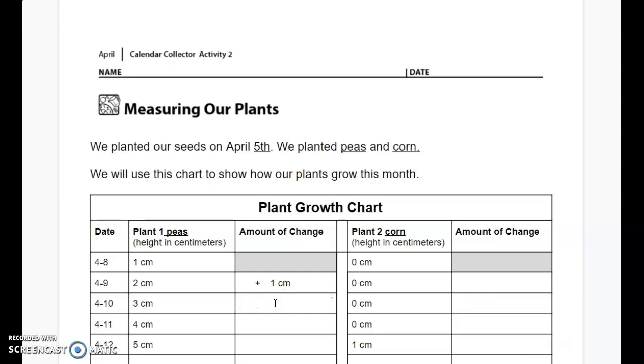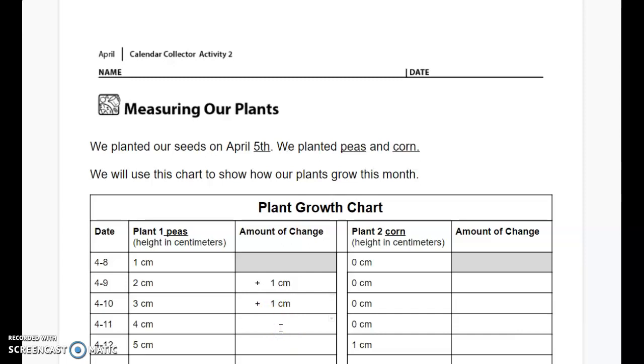How about for April 10th? How much did our plant grow from the 9th to the 10th? Show a connection if you think it grew 1 centimeter again. Yeah, good thinking. We'll put our plus sign and then 1 and cm, short for centimeters.